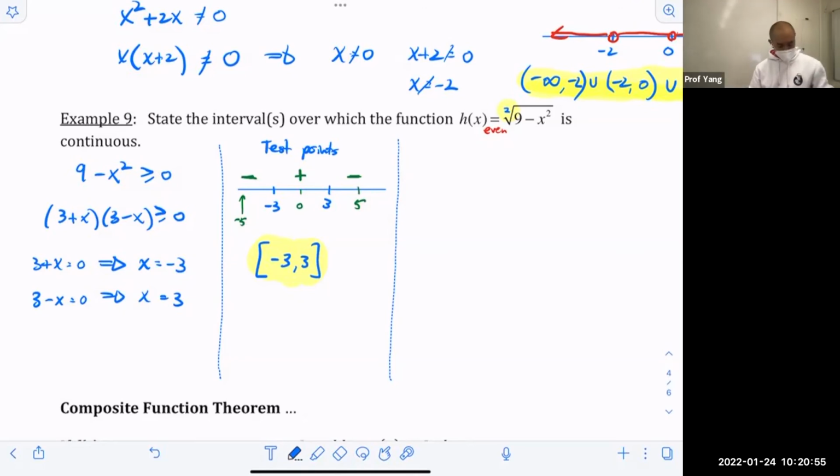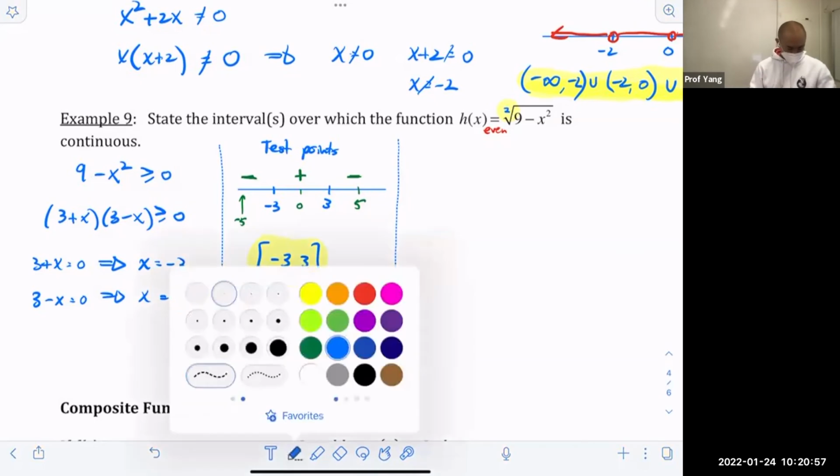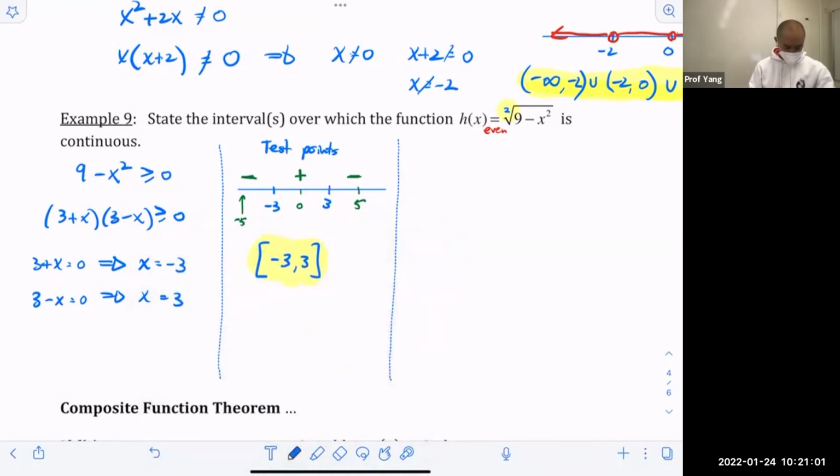So I'm going to show this to you again in the future, but I'm just demonstrating now. What I'm going to do first is create this table like this, and I'm going to take my domain and chop it up into 3 pieces.